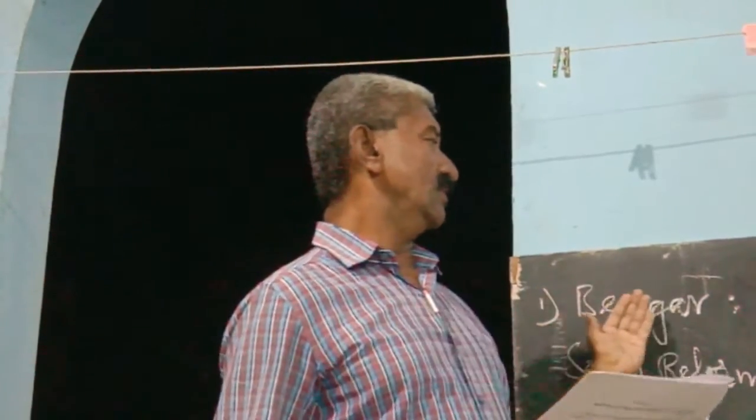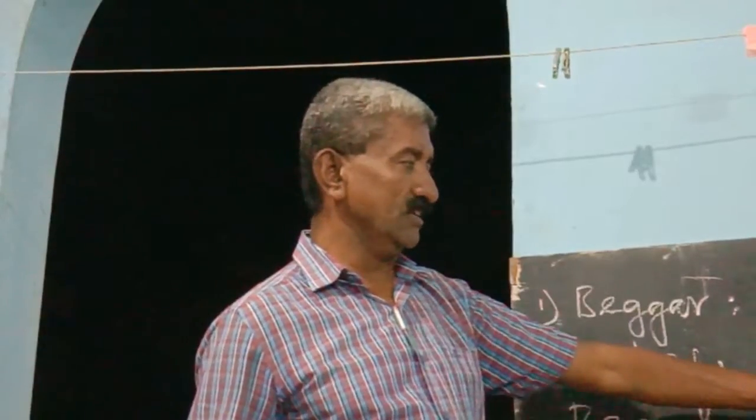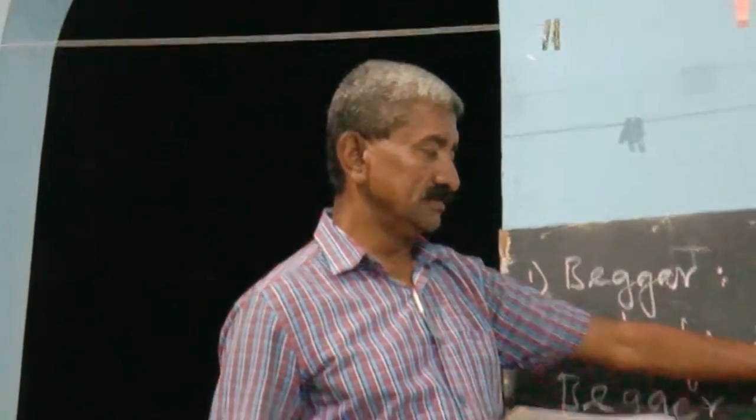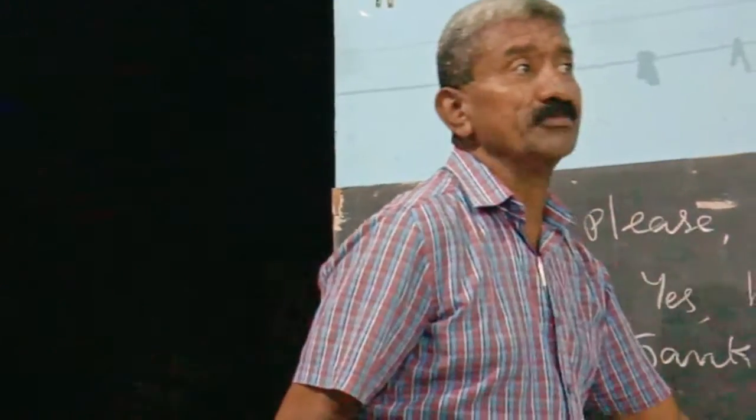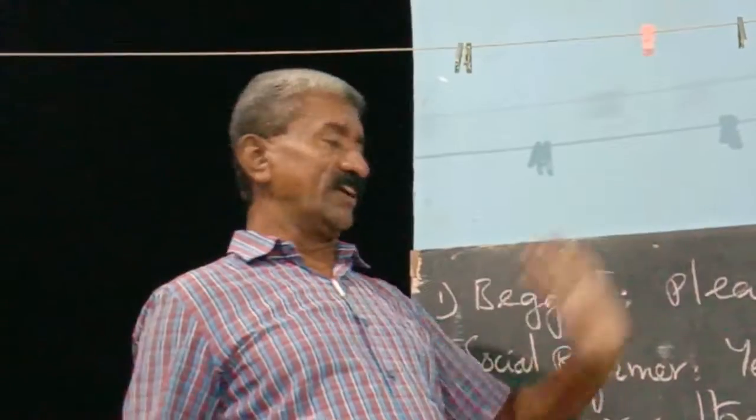You write, dear Ramu. You share your feelings and experiences in the content. And lastly, yours lovingly. Don't write your name. You have to write your examination number, merely the examination number. That's enough. Even you don't need to write your friend's name also.